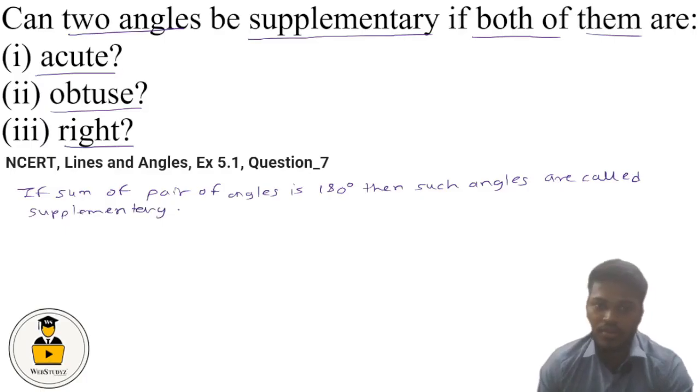So, in this question, we have to find out if we have two acute angles, whether they can be supplementary or not. So, let us consider acute angles. Let us consider 30 and 80, as both of them are acute angles.